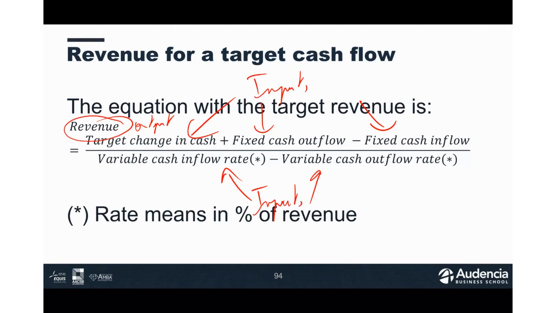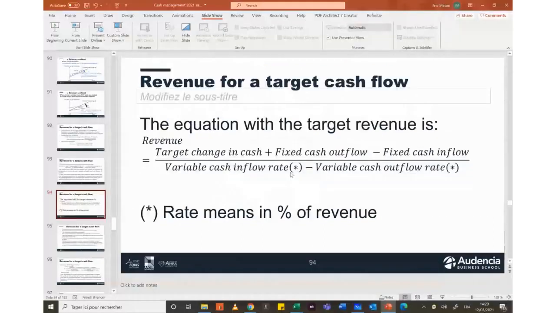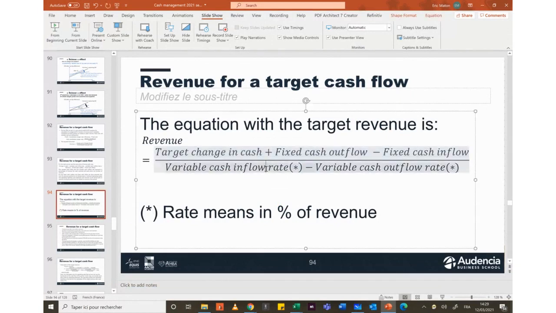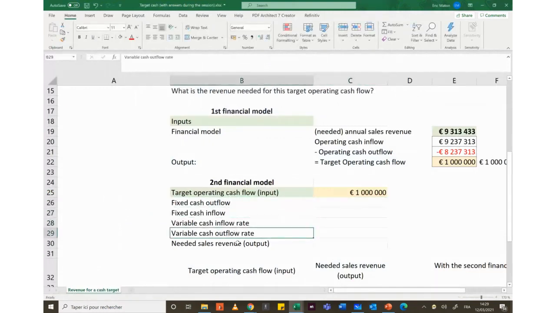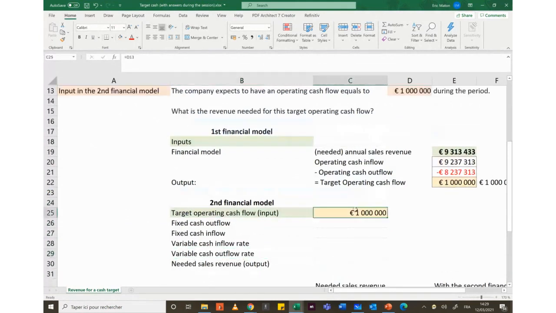So I need 1, 2, 3, 4, 5 values. And the revenue is in function of the 5 values. So I go here, I need 1, 2, 3, 4. Why I don't have 5? And the 5 is here, 5, okay? 5 values.